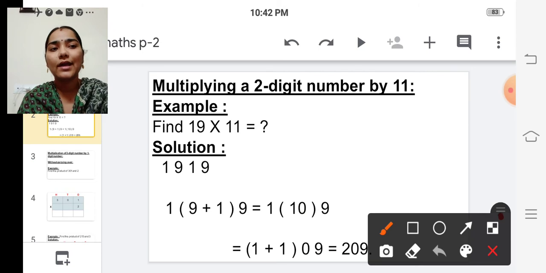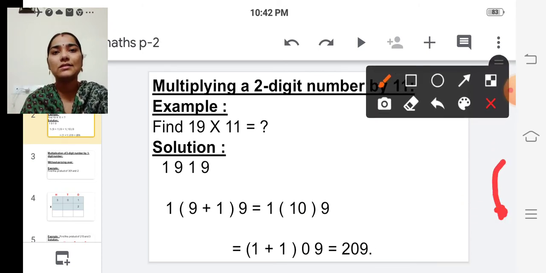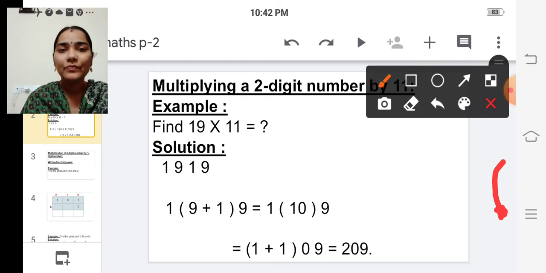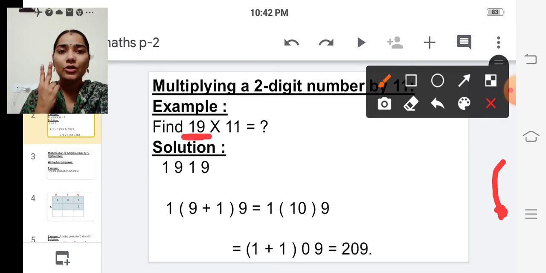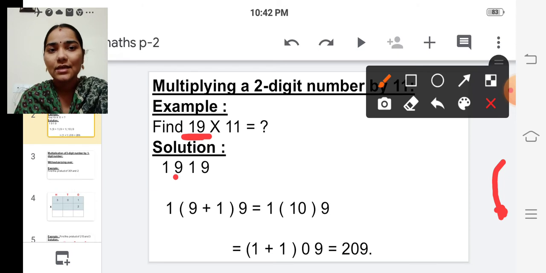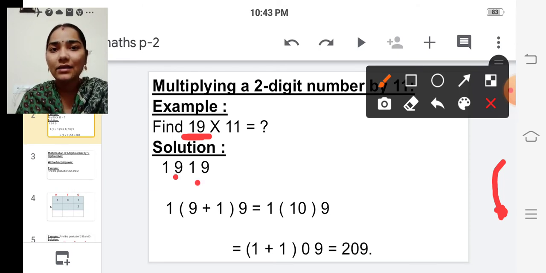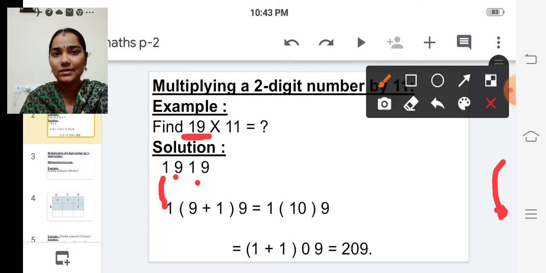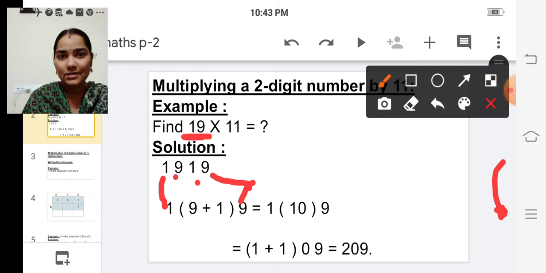So I will tell you again. First thing you have to do is write the number 2 times. How many times? 2 times. So you have to write this 19 2 times. So 19, 19. In the next step, write the first digit as it is in the first place and the last digit as it is in the last place.